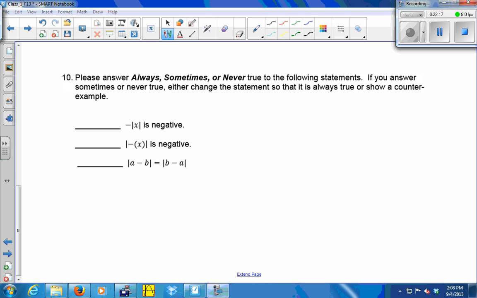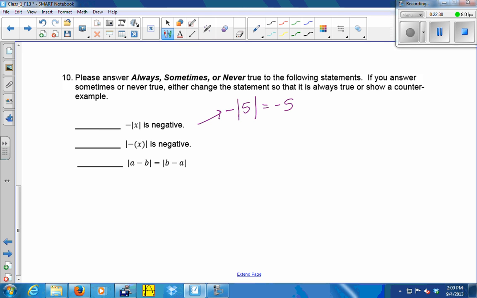The negative of an absolute value has to be negative, right? So if you put the negative outside, for example, the negative absolute value of 5, you do the absolute value first. The absolute value of 5 is 5, so this says negative 5.